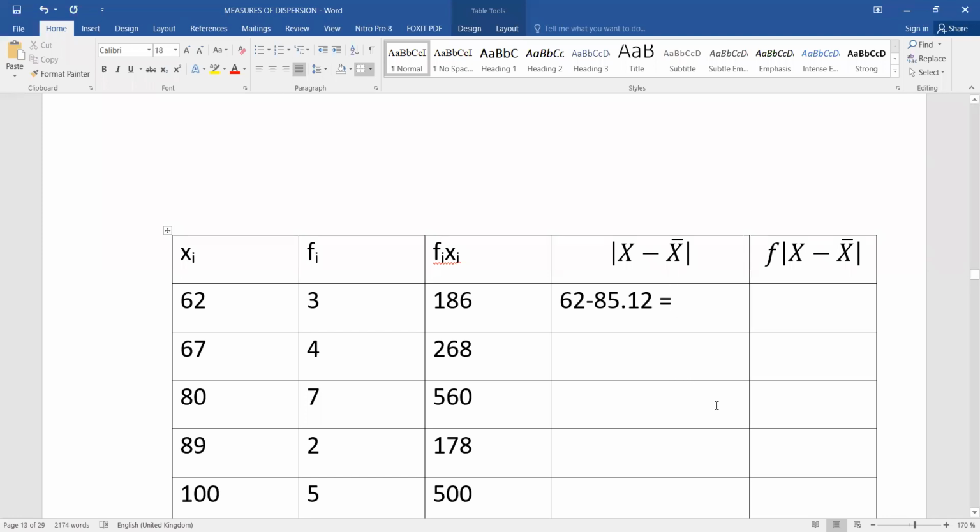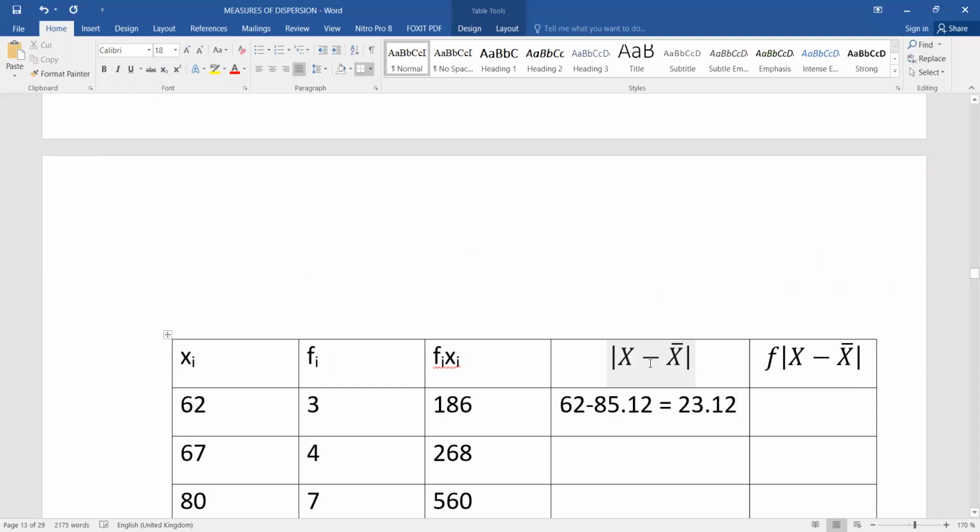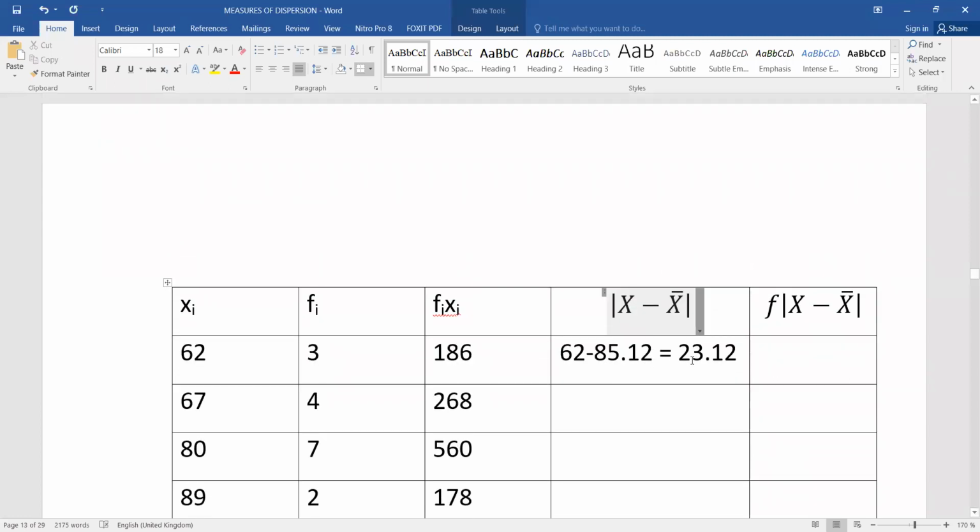We're supposed to be getting a negative, but because we're making everything positive, we shall have 23.12. Elizabeth, you're correct, but since it is absolute, we make it positive to have 23.12. It is not a negative.